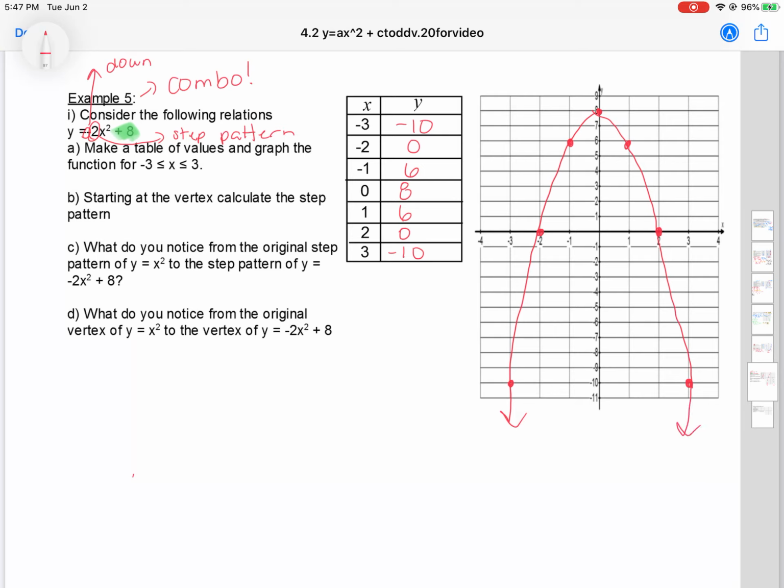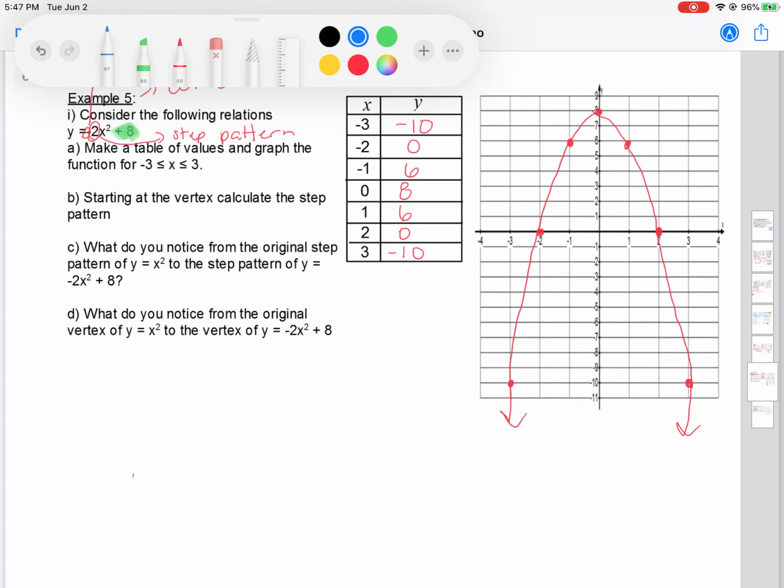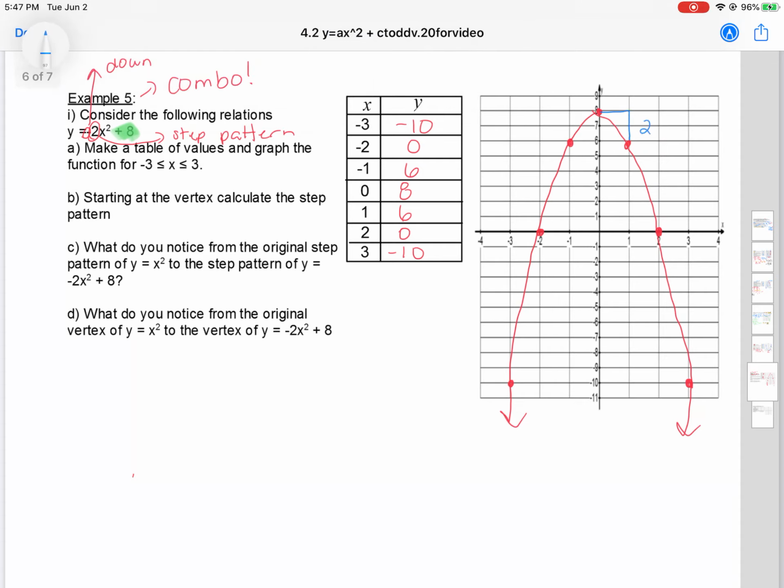Okay, so let's calculate the step pattern. So over 1, down 2, over 1, down 6, over 1, down 10.